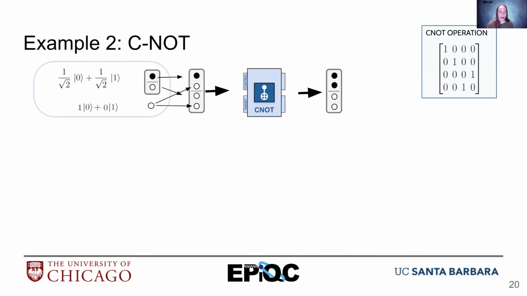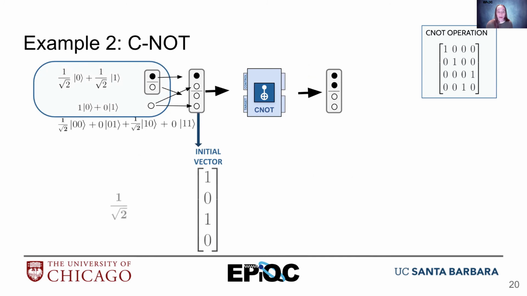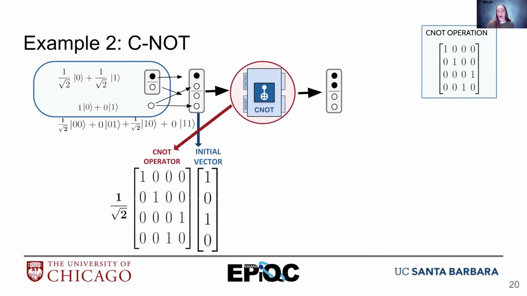So once again, I'm starting with the same state. And so the state of my initial vector is going to be the same. So all of those calculations are the same. The only difference in this problem is my CNOT operator. So my CNOT operator has a different matrix. And so my answer is going to be different. So let's look. So again, the 1 is there for both the red row and the green vector.